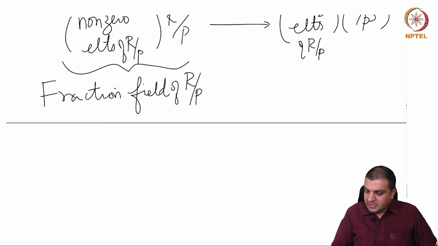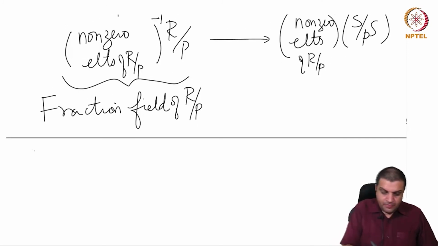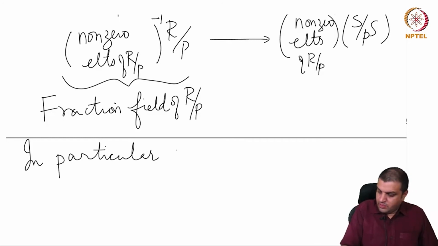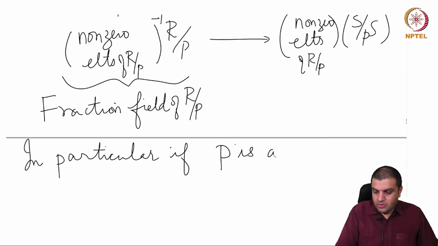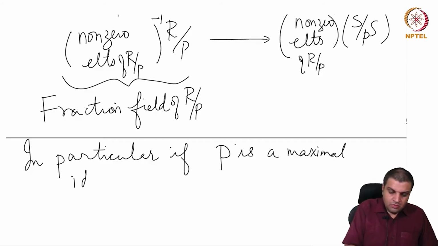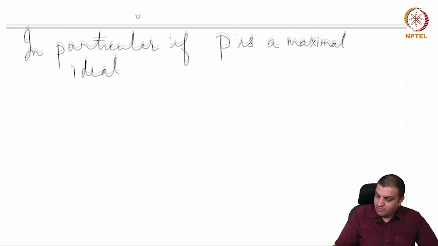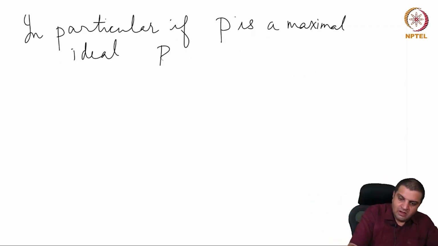So in particular, if P is a maximal ideal, we don't need to invert the non-zero elements of R mod P. R mod P is already a field.